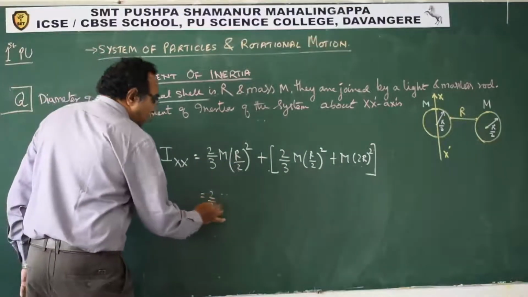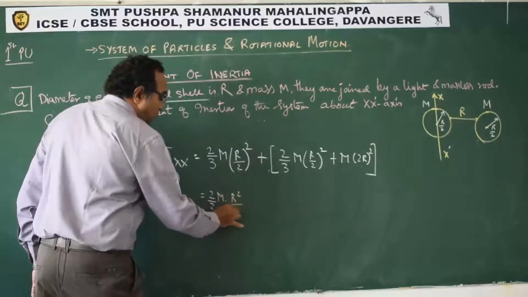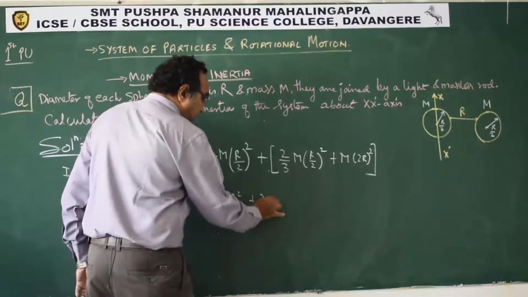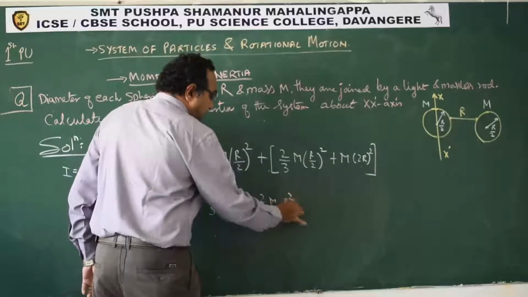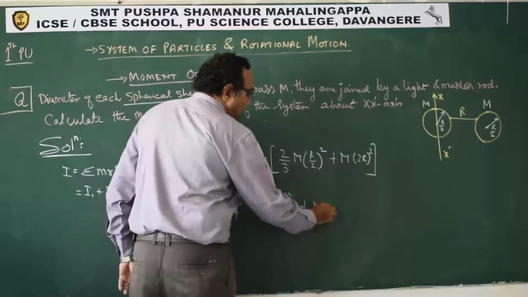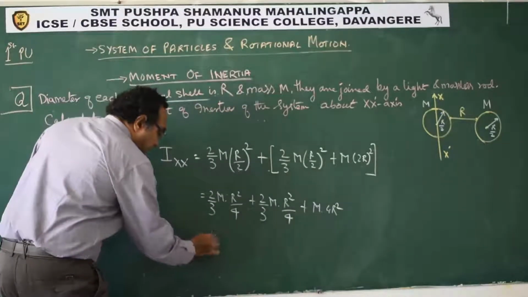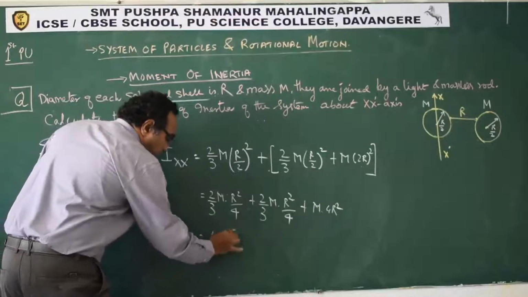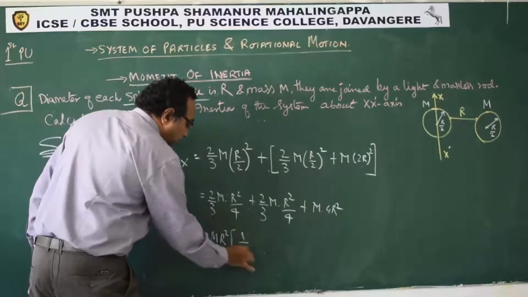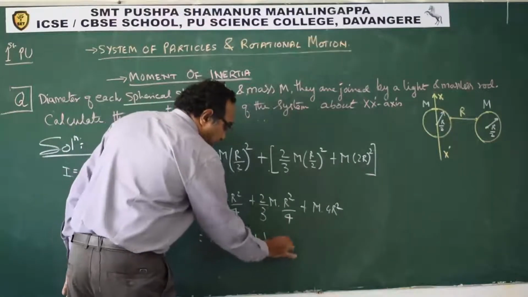Simplify it. So 2 by 3 m and here r square by 4 plus 2 by 3 m and here we have r square by 4 plus m 4r square. If we simplify this, we can take mr square common, and what we have, this is 1 by 6, this is again 1 by 6, and this is 4.